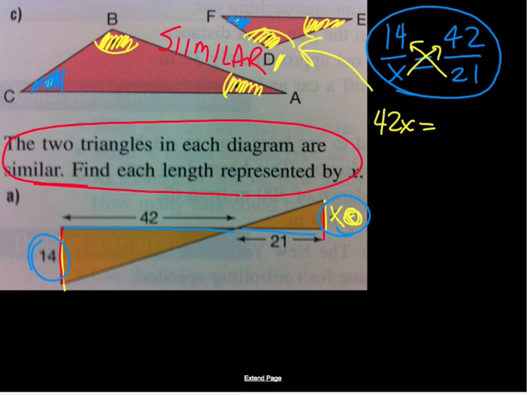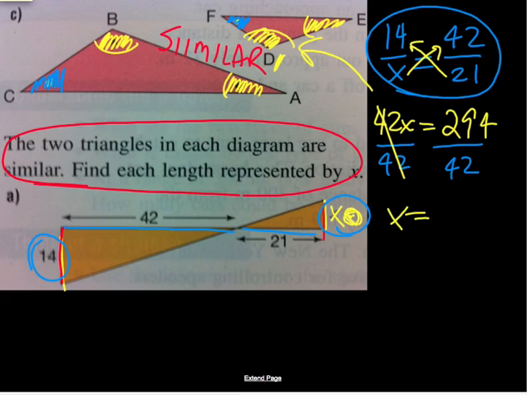I'm good. So 42x equals 294. Now I'm going to divide both sides by 42, and those divide out, which gives me x equals whatever 294 divided by 42 is. Well, that's pretty obvious. It's going to be 7.